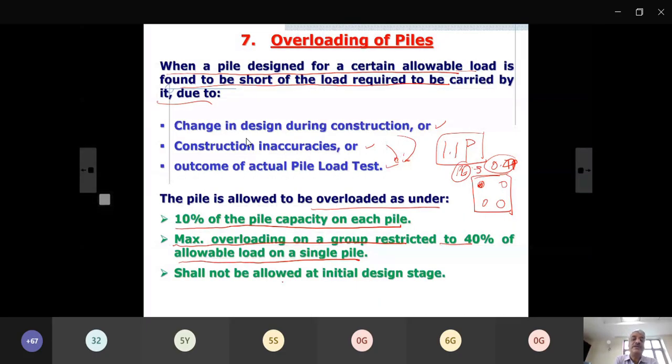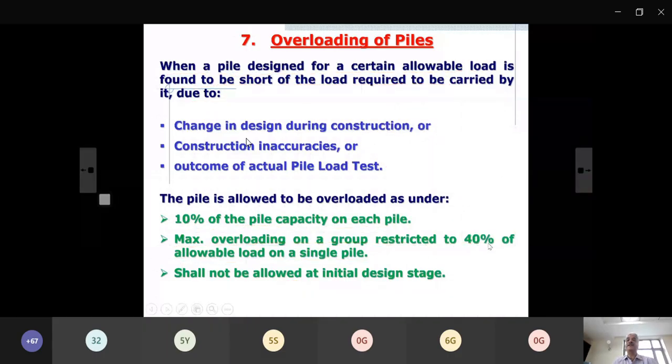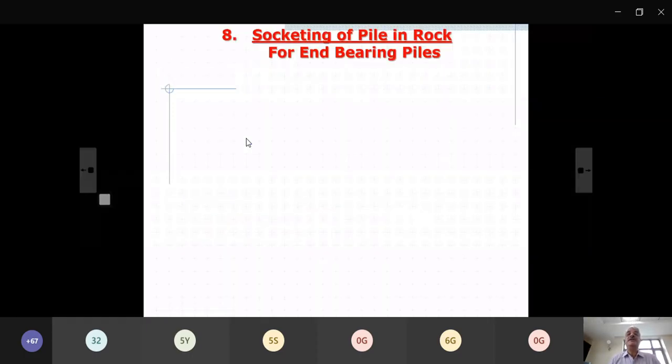But as I told you, it is never done at the end. It does not happen that my pile is P, so I design for 0.9 P. No, this is to take into account anything unforeseen which has happened during construction. For that, you can allow some overloading on the pile from its initially designed capacity. So that is the provision regarding overloading of piles.